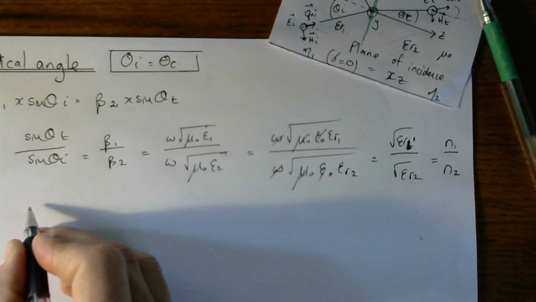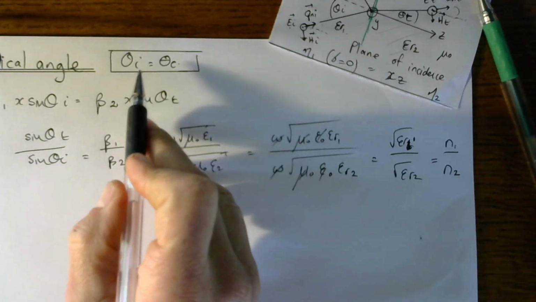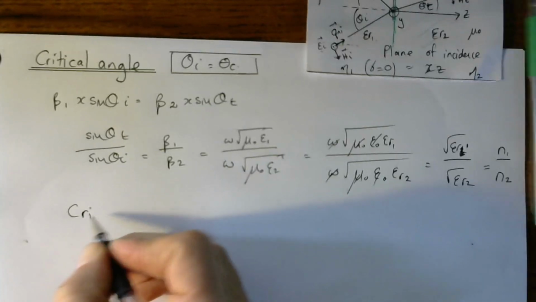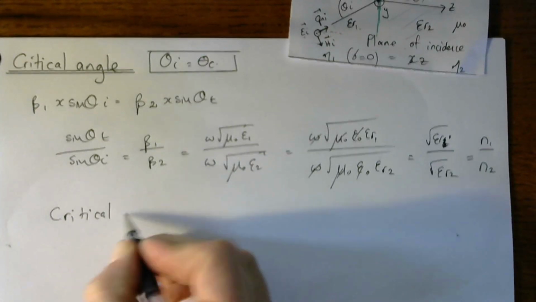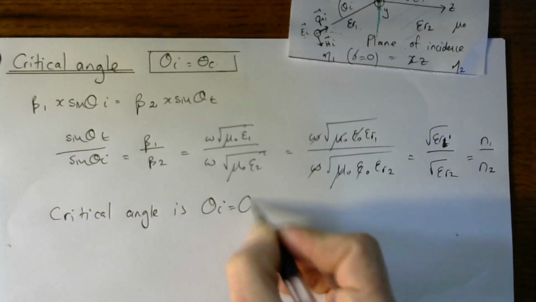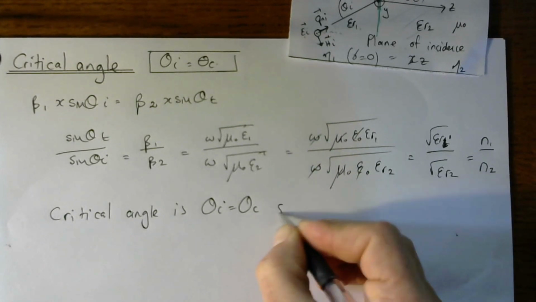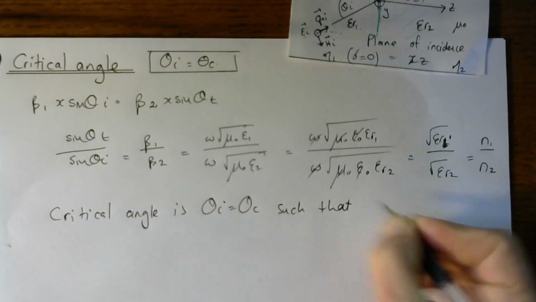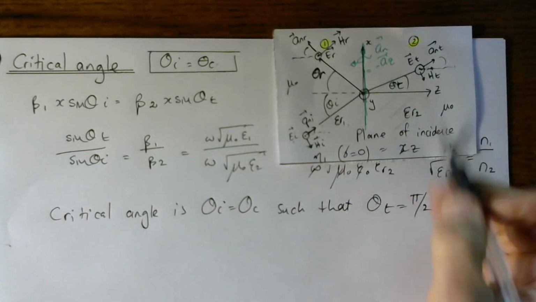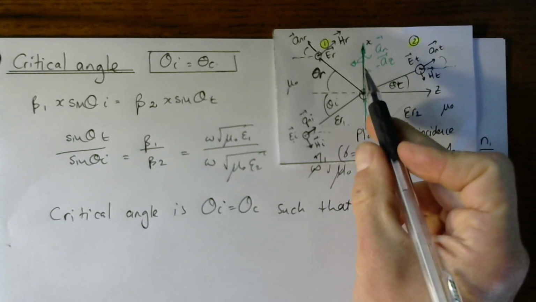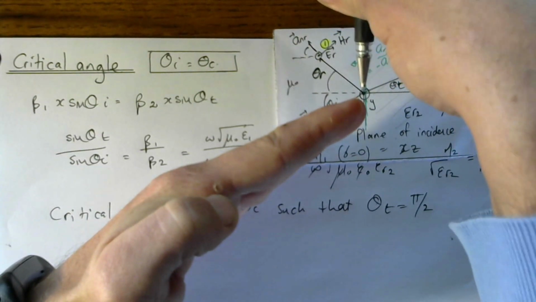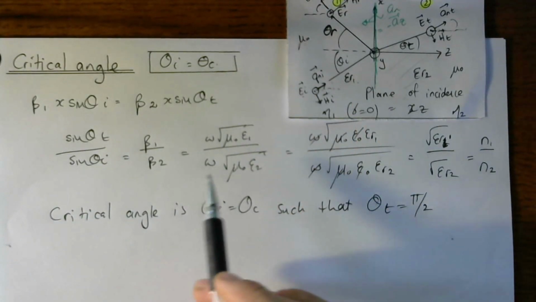Now, the critical angle is, as I said, where theta i is equal to theta c, such that theta t, the transmitted angle, is equal to pi over 2, so that the transmitted wave lies exactly on the interface between the two media.